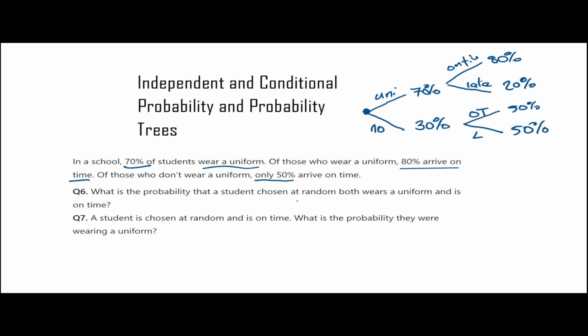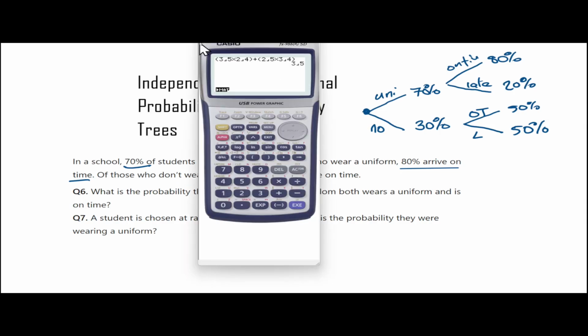Okay. Now we want to multiply down the branches and do that as a decimal. You don't have to do it, but I'm just going to complete it and fill in all of these gaps.